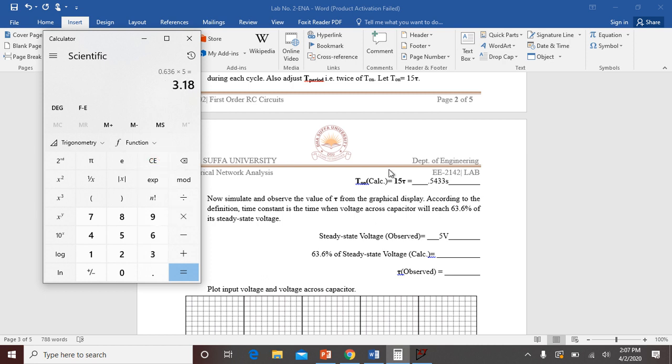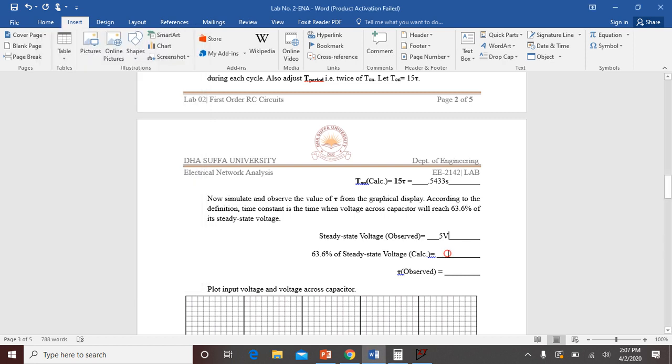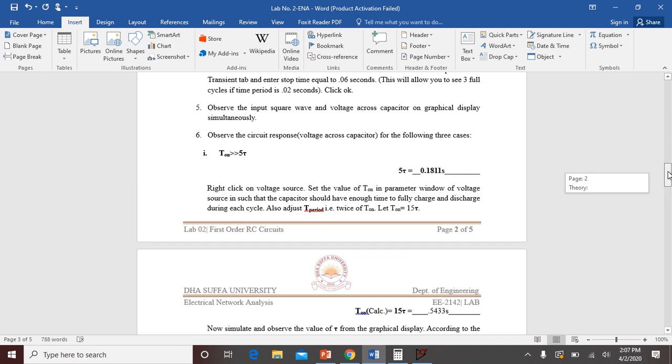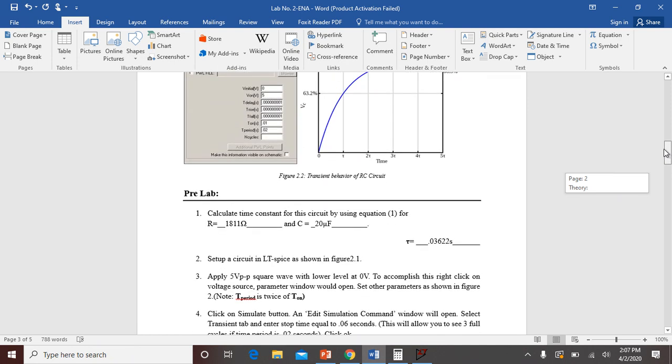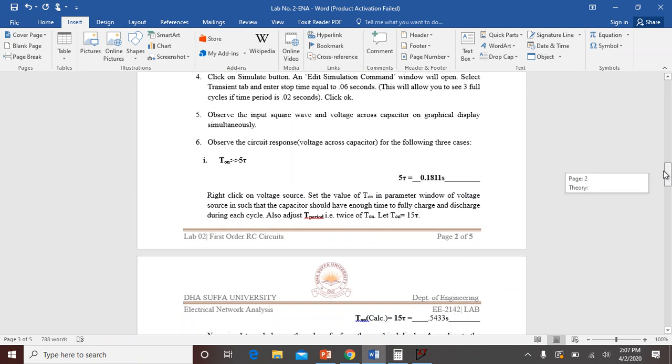So this is 3.18. So the calculated value for the 63% is 3.18 volts. Now we have to observe the tau, that at this particular voltage, what is this value? It should be equal to this value, that is 0.03622.